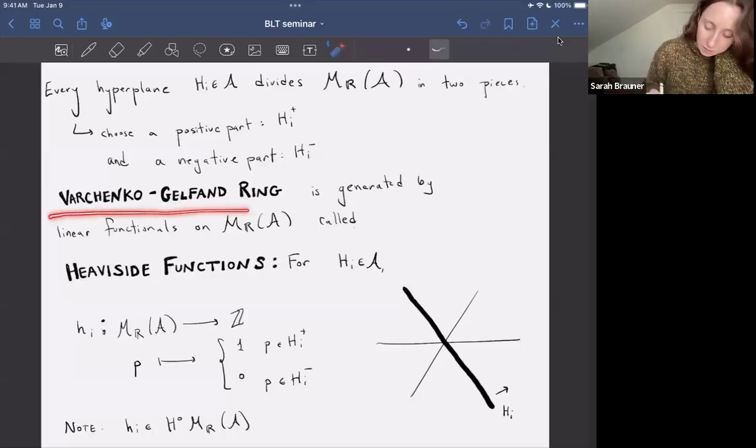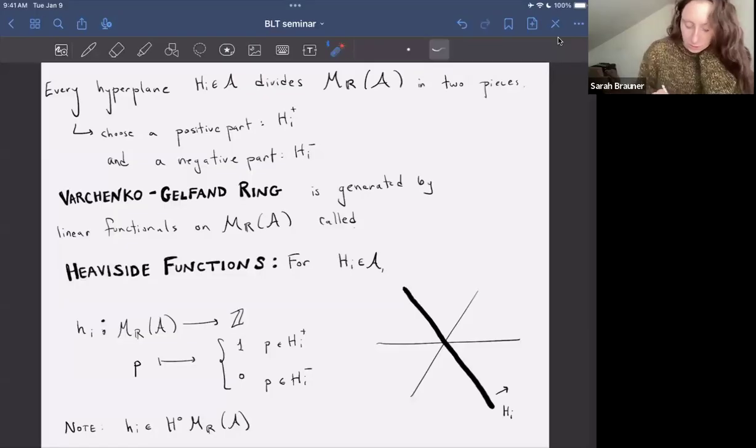So in this case, I'm going to say that this side is the positive part of my hyperplane. And so the Varchenko-Gelfand ring is going to be generated by linear functionals on this real complement. And these linear functionals are called Heaviside functions, okay? And so here's how they work. For every hyperplane, I'm going to have a Heaviside function, which I'll write as lowercase h_i. So it'll be a map from this real complement to the integers. And what I do is I take an element in the complement, let's say an element here, and I send it to 1 if it's in the positive part of my hyperplane and 0 if it's in the negative part.